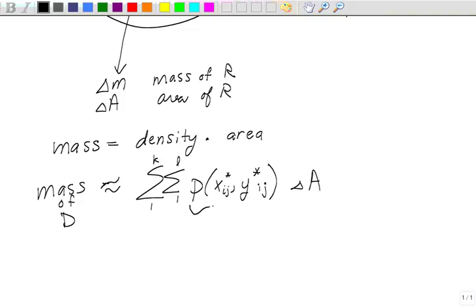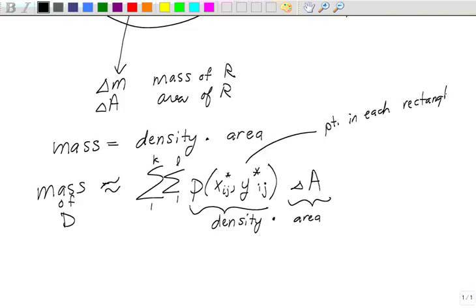So this right here is density. This right here is the area of each of those rectangles, and density times area is mass, and we add them all up, and this is a point in each rectangle where the thin plate is divided into little rectangles.